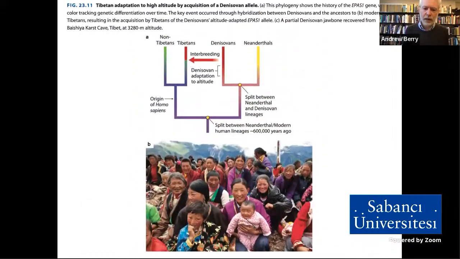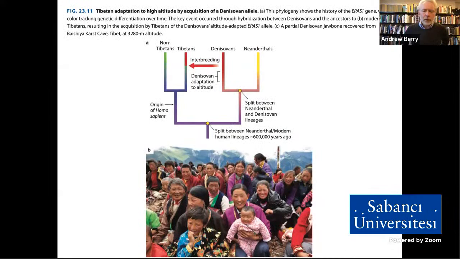This is where it gets interesting. Turns out we didn't just hybridize with Neanderthals. We didn't just acquire random bits of DNA from them. We acquired, and when I say we, I mean non-Africans in general, Homo sapiens, all sorts of good stuff from these guys.